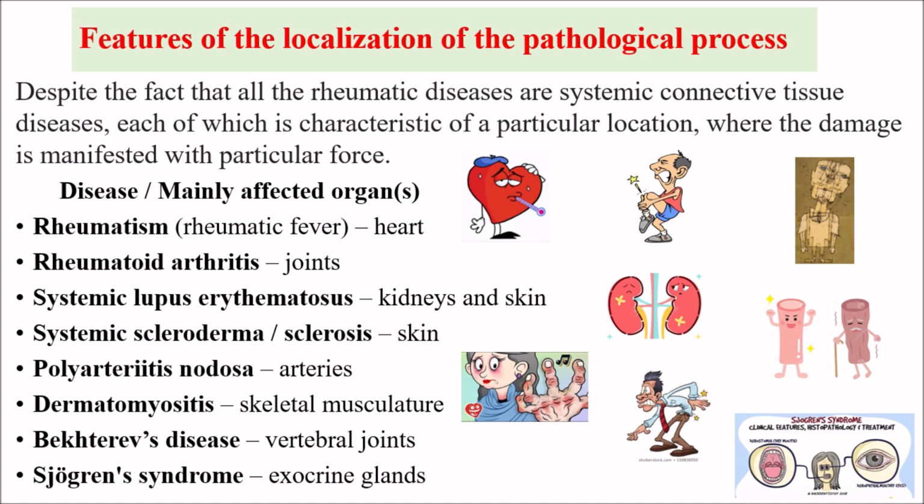Here you see that rheumatic fever mainly affects the heart, rheumatoid arthritis the joints, systemic lupus erythematosus the kidneys and skin, scleroderma the skin, polyarthritis nodosa the arteries, dermatomyositis mainly the skeletal muscles, ankylosing spondylitis the vertebral joints, and Sjogren's syndrome the exocrine glands.